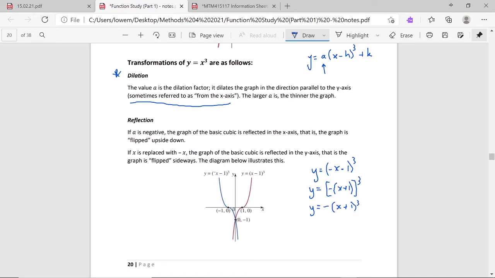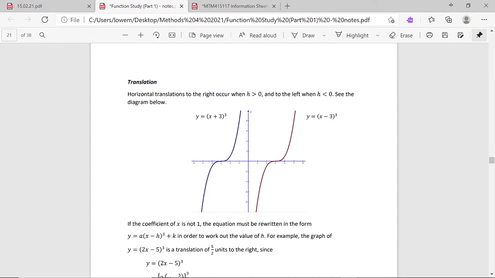Hopefully you'll notice there's a negative 1 right out the front, which is just like saying our a is negative, in which case it would be flipped upside down and translated. It's translated to the left 1 unit, which would mean our basic cubic of y equals x cubed is flipped upside down and translated to the left 1 unit, and that's exactly what this one is too.